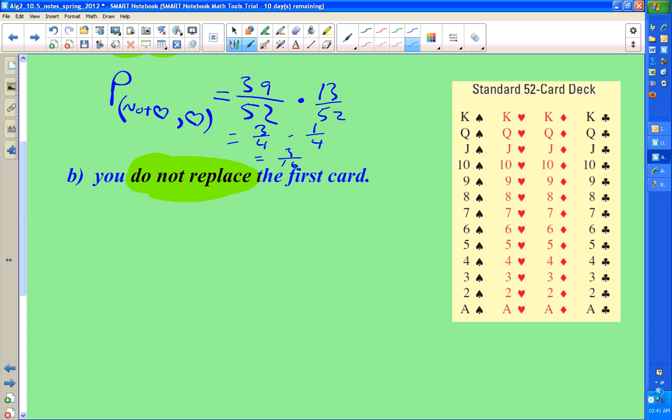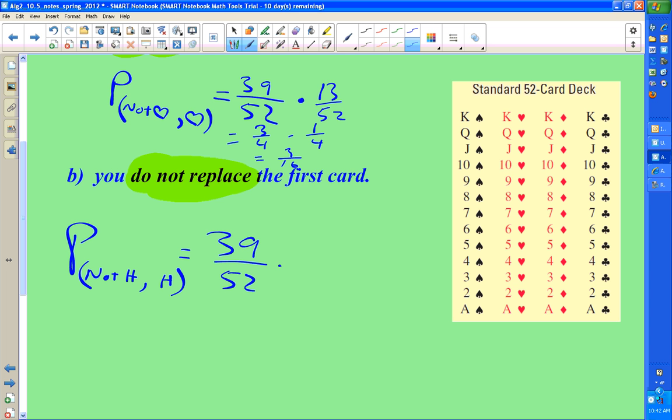Now we're going to do the same thing, probability of not a heart, and then a heart, but this time we're going to do it without replacement. You do not replace the card. The not a heart probability is what? Doesn't change. But the heart probability changes.